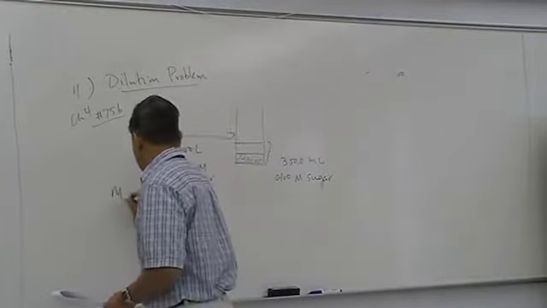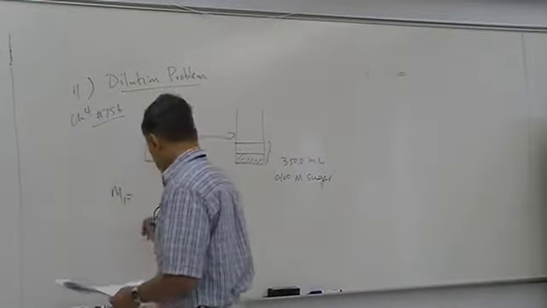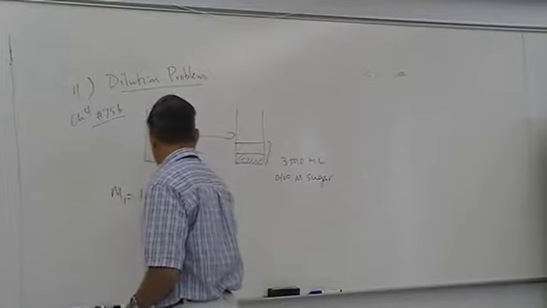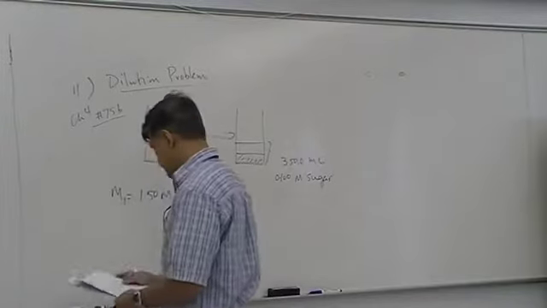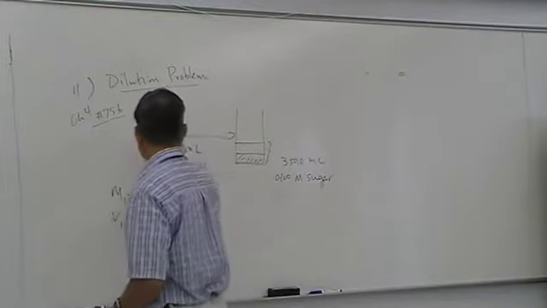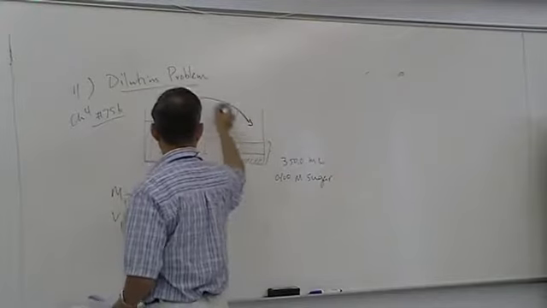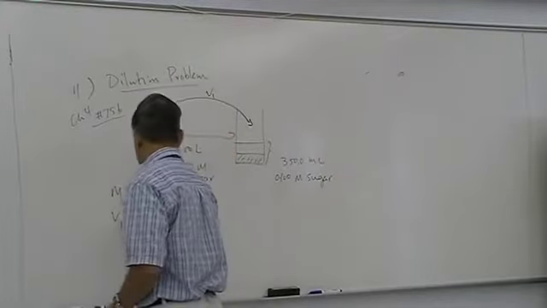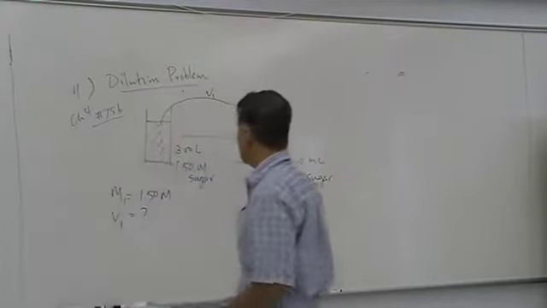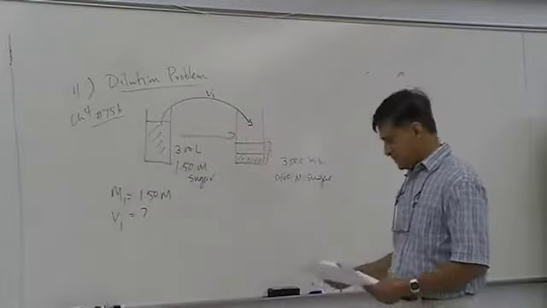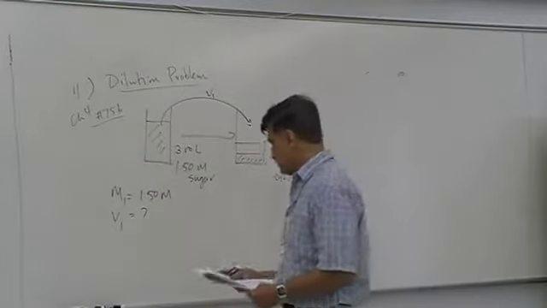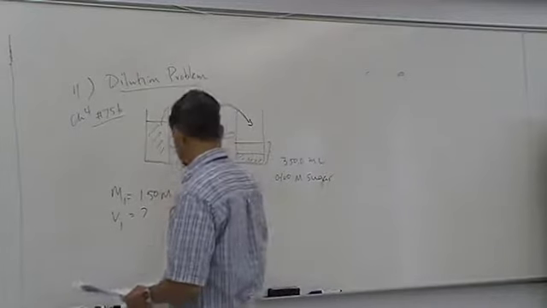Molarity 1 equals 1.50, which is the concentrated one. Volume 1, that I need to transfer from here to here, I don't know yet, and I need to calculate that. So I have a question mark. I need to find out what volume I need to transfer.